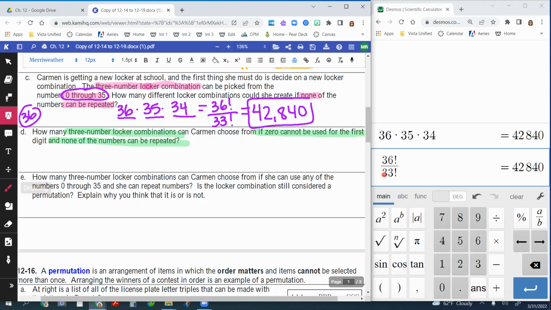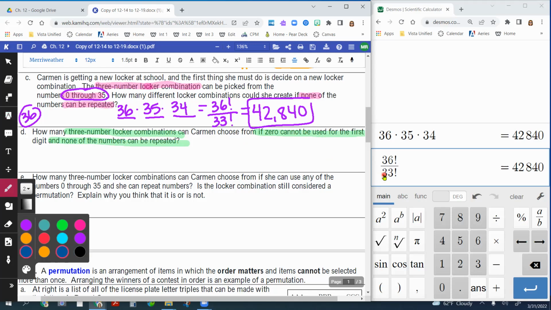Okay, so this one's going to be slightly different. So this is going to be a 3-digit number. No 0 for the first. So out of the 0 through 35, which is 36, there's only going to be 35 different choices.